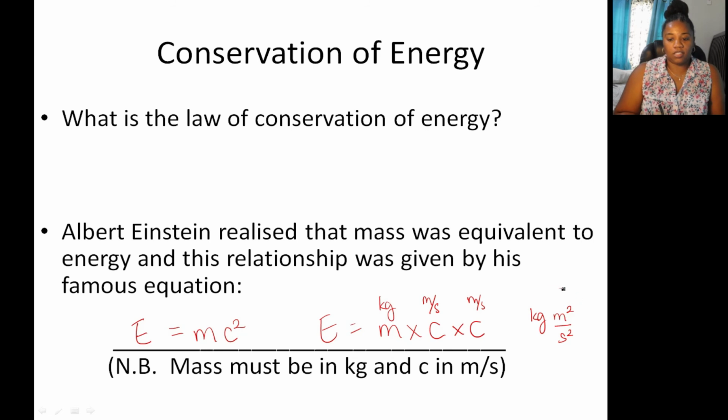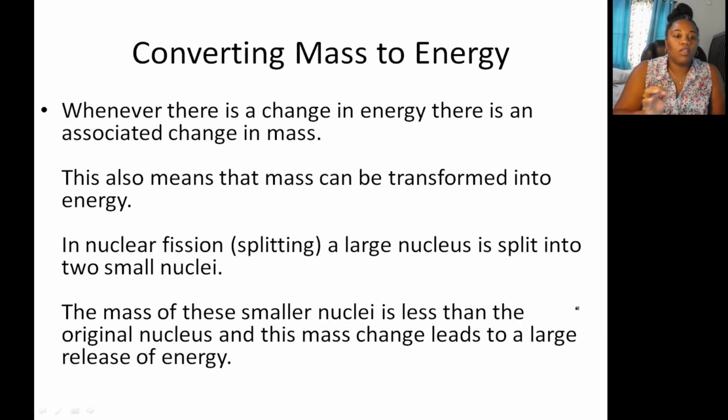And this represents joule, which means energy. Right, so keep that in mind. Whenever there is a change in energy, there is an associated change in mass. This also means that mass can be transformed into energy.